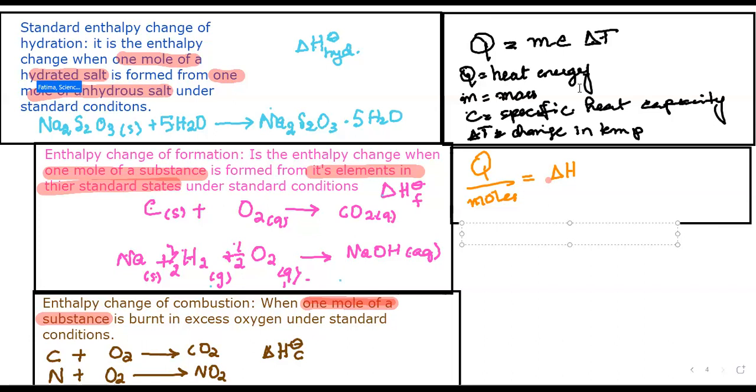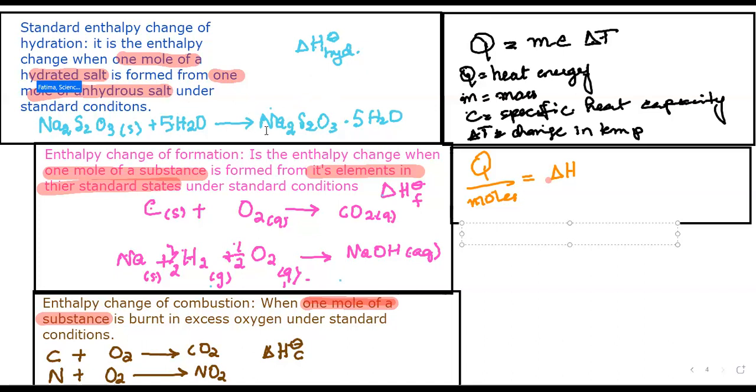For example, I told you the enthalpy change of hydration. It's very difficult to calculate the enthalpy change of hydration. Why? Because it's not easy for me to know what is the exact amount of water I need to add to turn my anhydrous salt into hydrated salt. If I add too little water, I will not get the complete product.